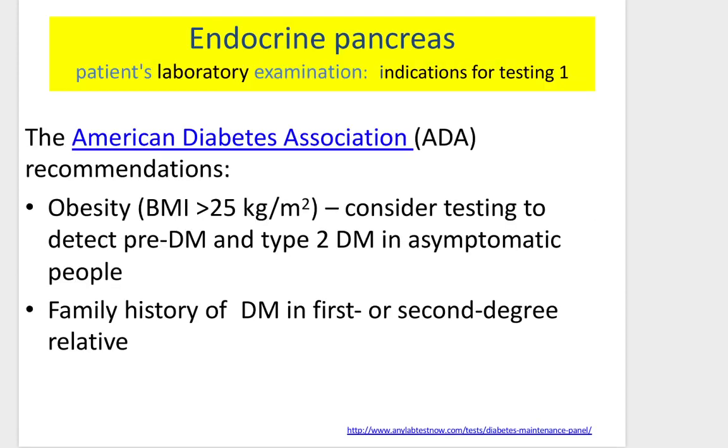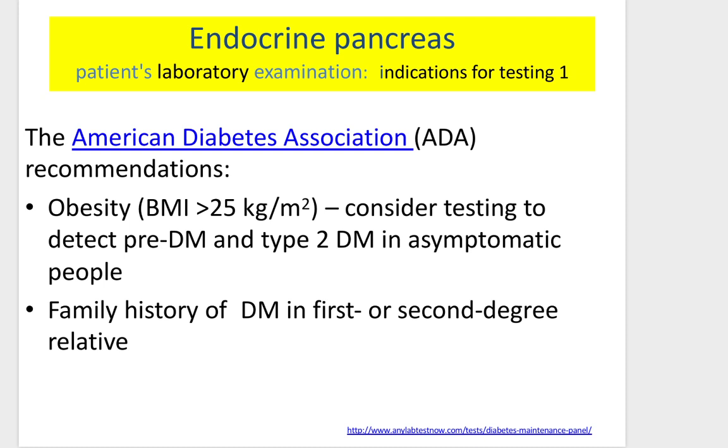The indications for testing: in what cases we have to do testing to confirm or not confirm diabetes mellitus. The first recommendation, according to the American Diabetes Association, is obesity, when BMI is more than 25 kilograms per square meter. Testing is considered to detect prediabetes mellitus and type 2 diabetes mellitus in asymptomatic people.